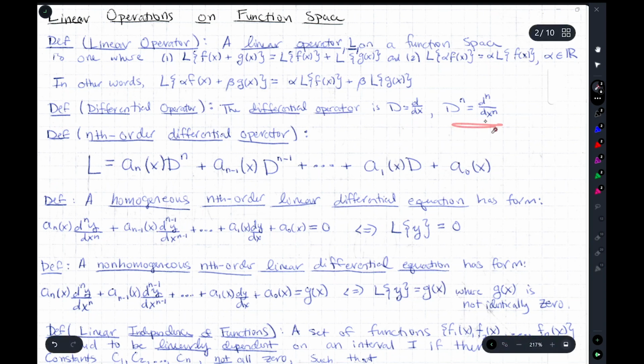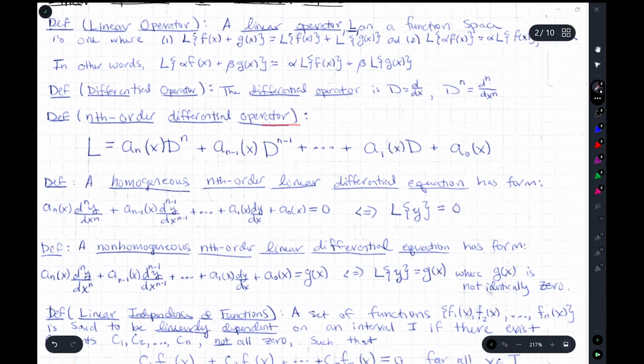Nothing deep here, with the change of the symbols of now using D for d/dx and D^n for d^n/dx^n. This is just about the shift in mindset. You're not thinking about the function as much as you're thinking about operating on that function.